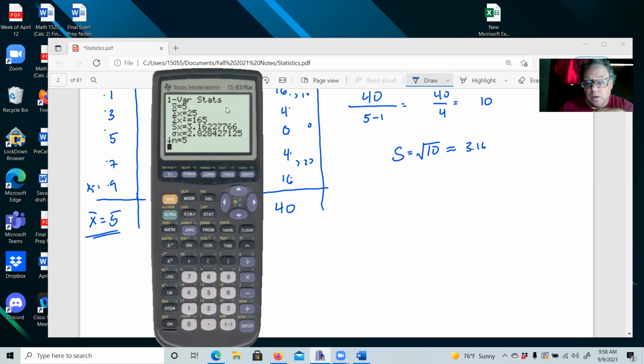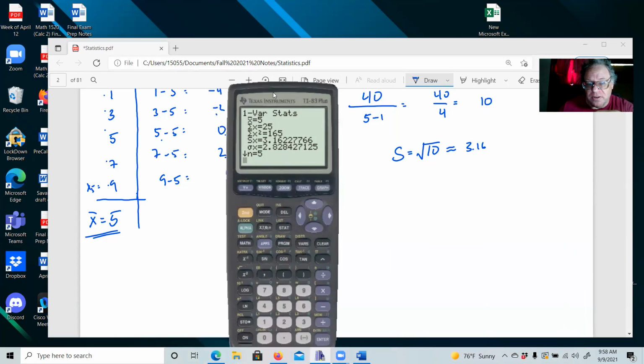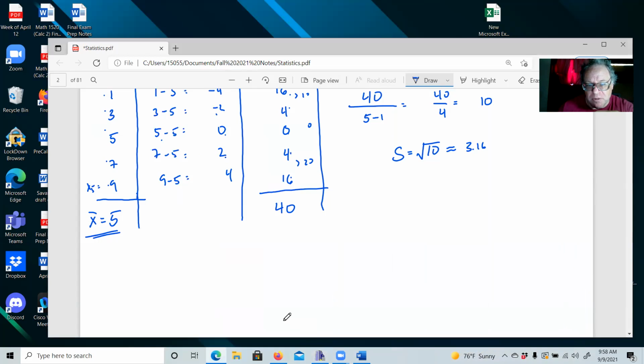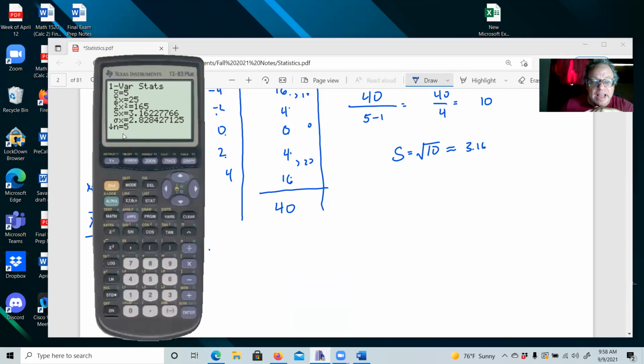Now, what if you want the variance? What if I wanted the variance? Because your homework will ask. Okay, I won't, but the homework really cares. So what we're going to do is square it. If I wanted the variance, it would be 3.16 squared.